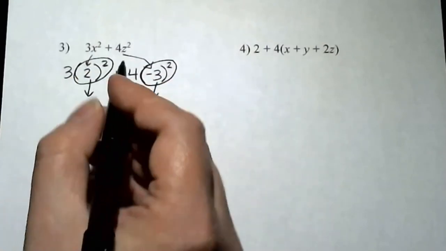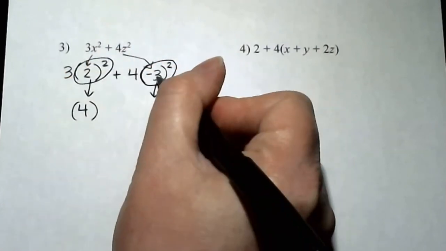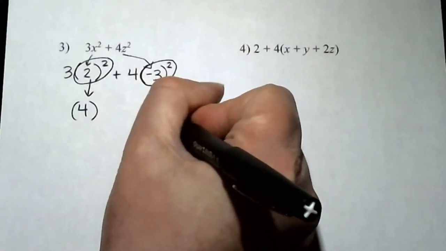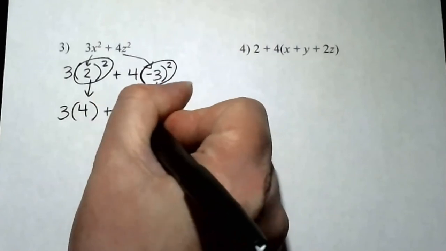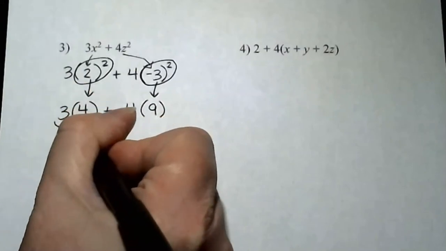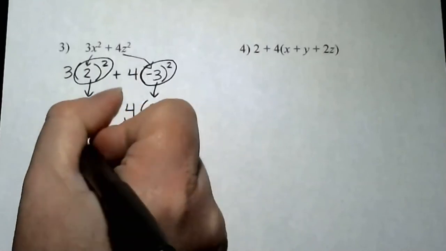2 squared is 4. And negative 3 squared inside the parentheses is positive 9. And I'm going to bring everything else down. Now I'm on to multiplication. So I see multiplication here and here. 3 times 4 is 12.